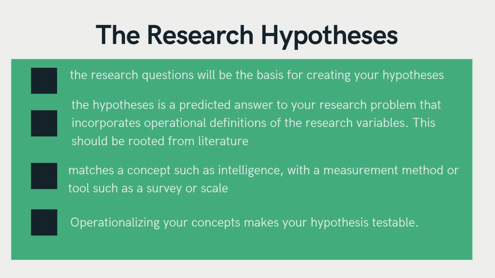So this should be rooted in literature. For instance, you try to predict what is the possible answer to your question. For example, is there a direct relationship? We'll have an example of hypothesis later on. So you try to predict the answer to your question. Let's say, for example, X affects the other variable.